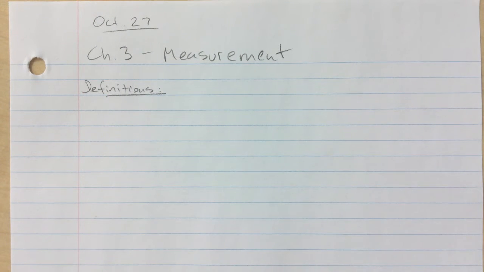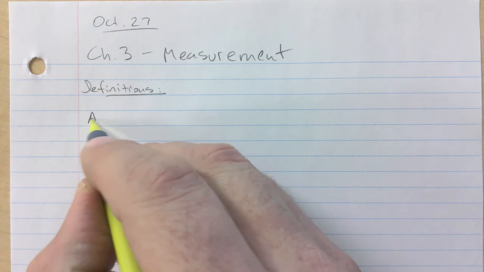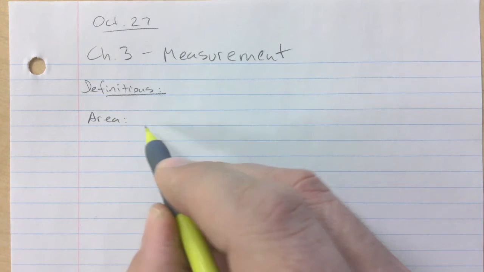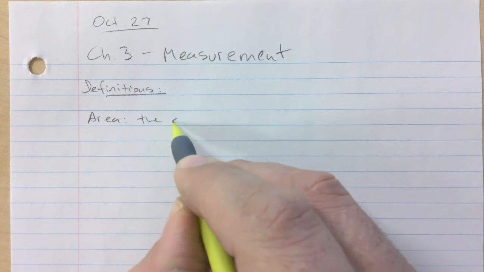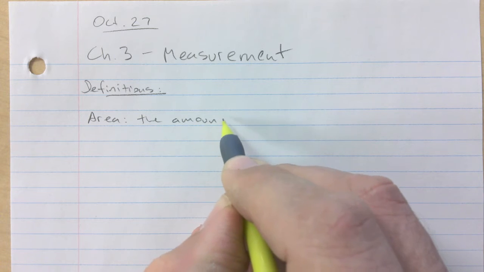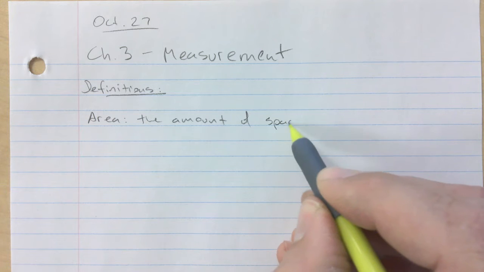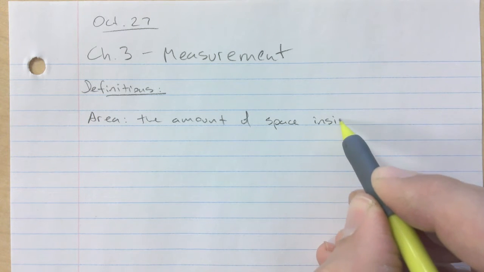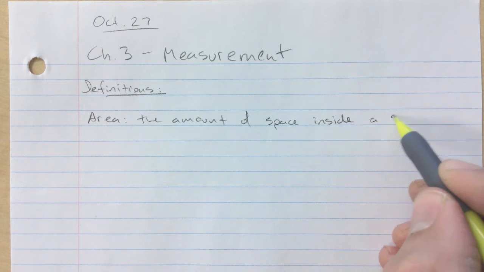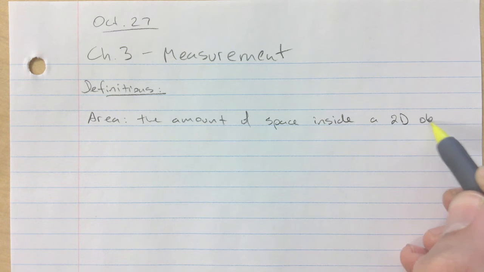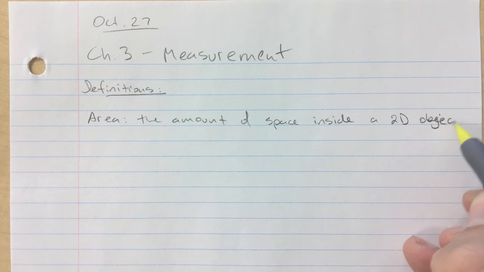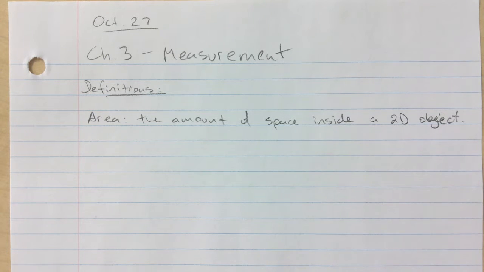Okay. Here's the definition. So we're going to talk about area, right? The amount of space inside a two-dimensional object. And we are going to stick with two dimensions. Okay, so flat.